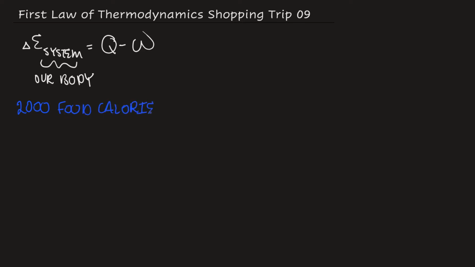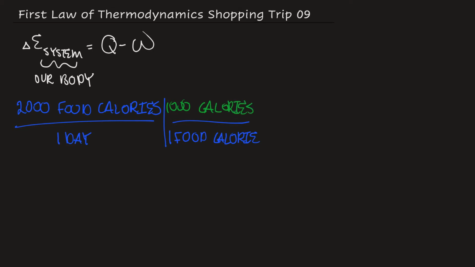per day. And for the purposes of this video, we'll assume that the energy from those food calories is all dissipated as heat. And we need to convert the food calories, so 1 food calorie, to chemistry calories. And there's 1,000 chemistry calories in 1 food calorie. Next, we need to take the chemistry calorie and convert it to joules.